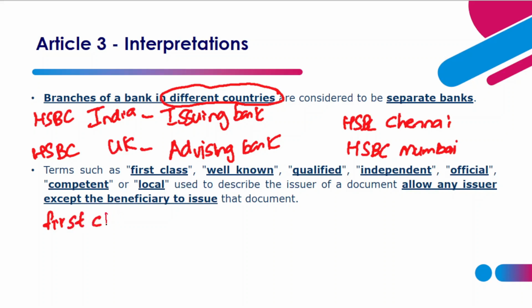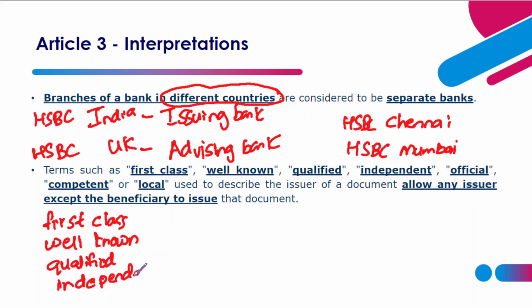First class, well known, qualified. So what's seen as qualified in my country might not be the same qualification required to be qualified in a different country. Okay. Independent. Who is independent in my eyes may not be the ones who are independent in your eyes.